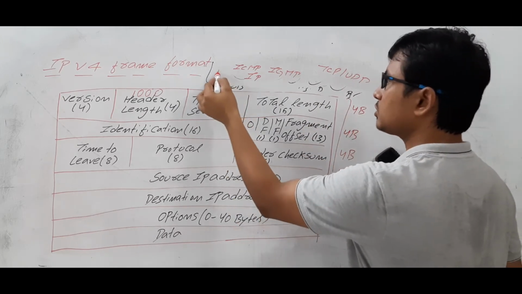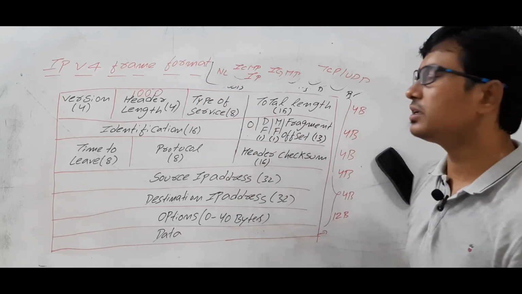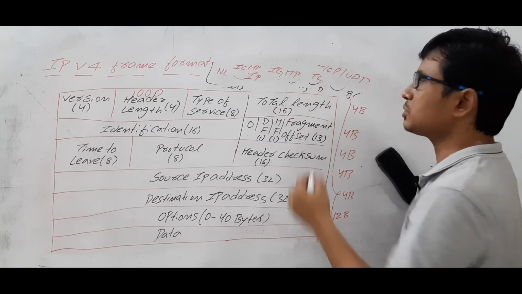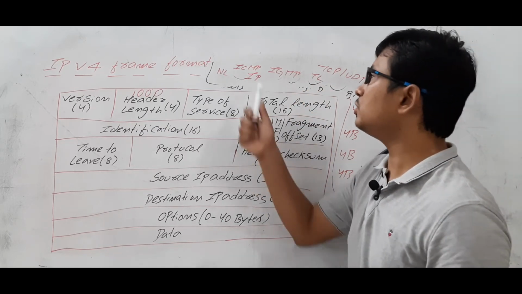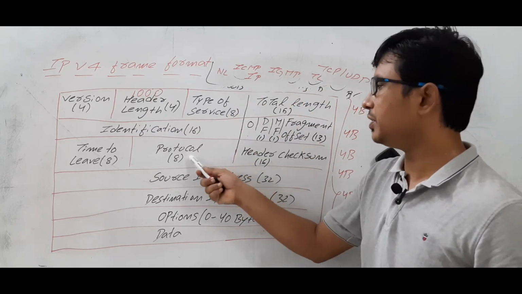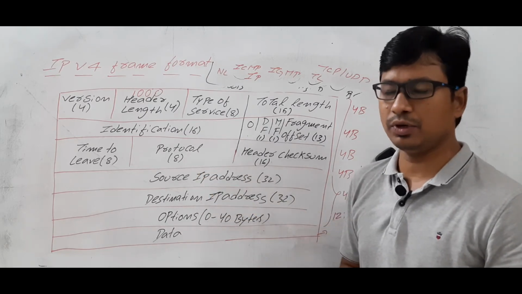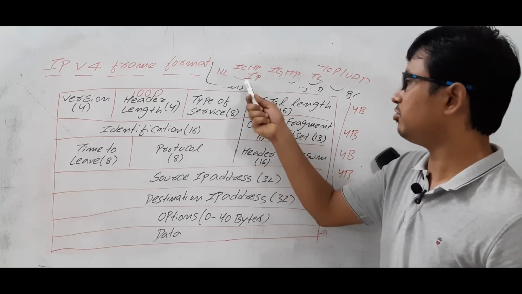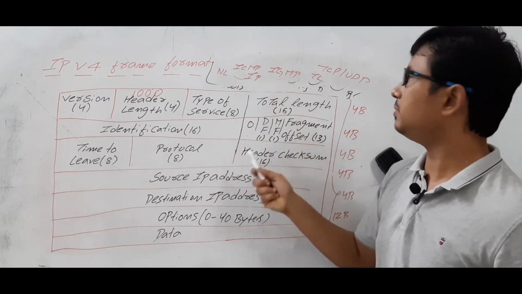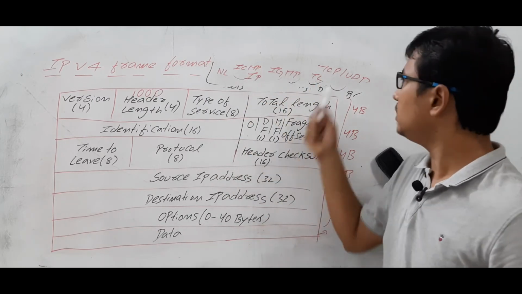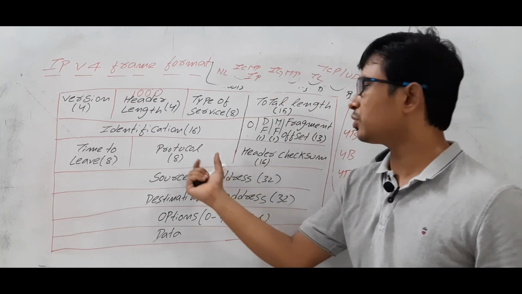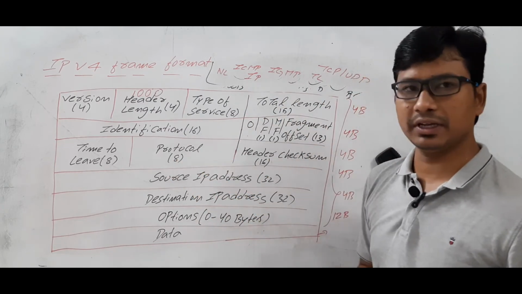These are the protocols we use at the network layer, and TCP and UDP at the transport layer. Which protocol you are using with the help of IP is described in the protocol field. Whether you are using ICMP with IP, IGMP with IP, TCP with IP, or UDP with IP will be described here.